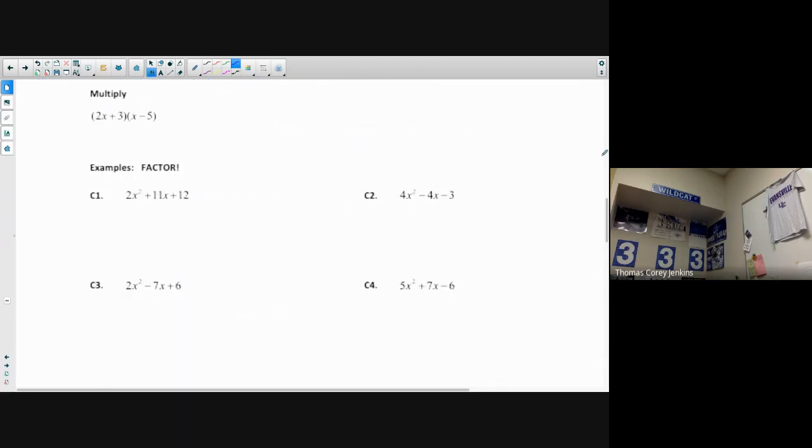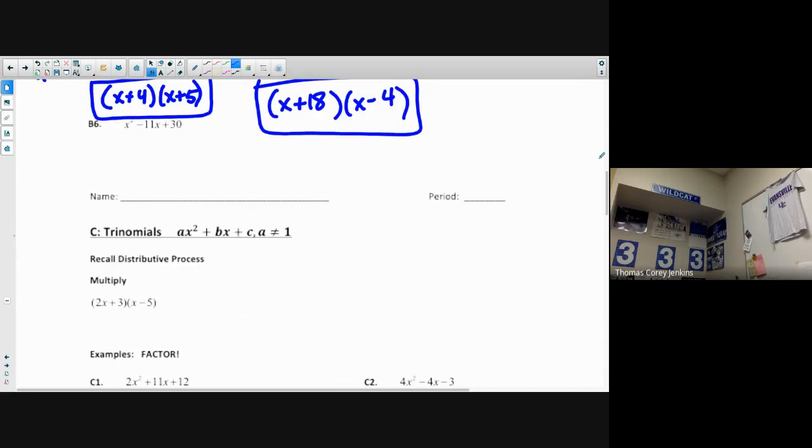All right, so the last example I will probably cover in this video is one of these types. This is where A is not equal to 1. So just recall that we can multiply just like we did last time. Distribute the 2x: that's going to give me 2x squared. 2x times minus 5 is minus 10x.